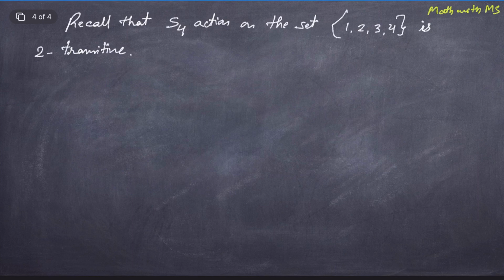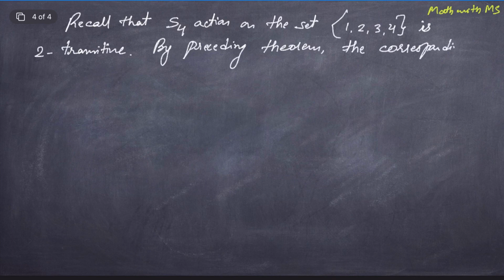So since the action is 2 transitive, the corresponding augmentation representation has to be irreducible by the preceding theorem. The corresponding augmentation representation of S4 is going to be 4 minus 1, exactly 3 dimensional.